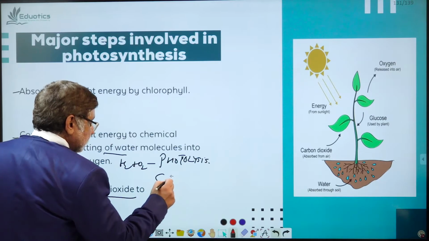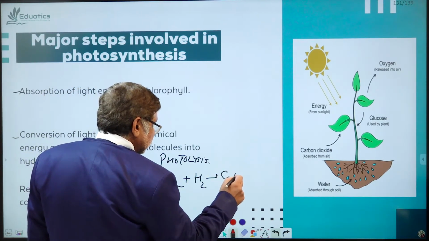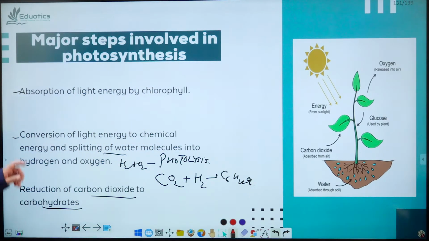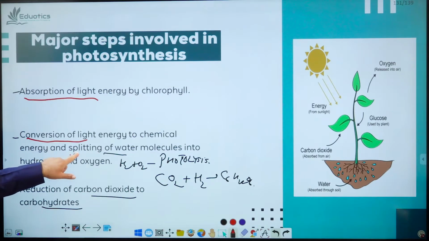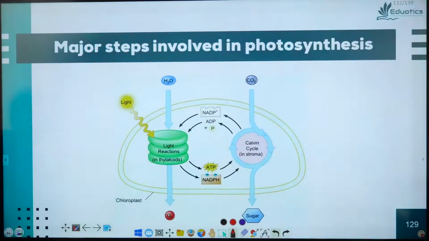So as I have been saying, water is just a source for hydrogen. These are the three main steps that you have to learn: absorption of light by chlorophyll, conversion of light energy to chemical energy and splitting of water molecule into hydrogen and oxygen, and reduction of carbon dioxide to carbohydrates.